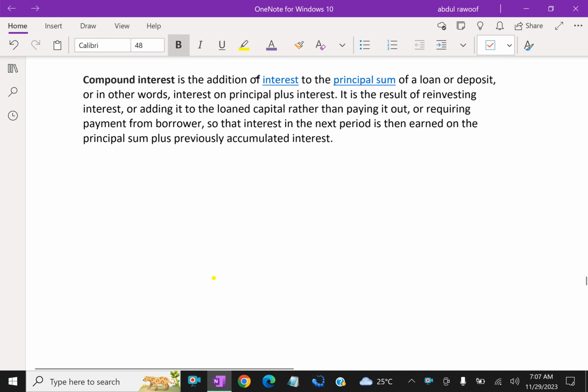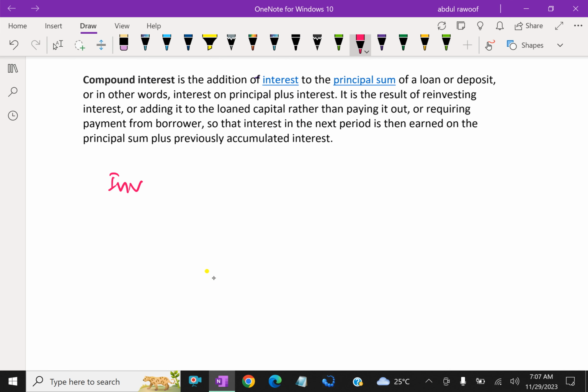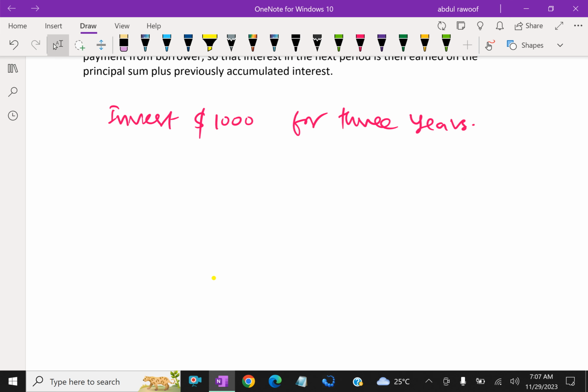Here, suppose you invest $1,000 in a certain bank and leave this money for 3 years. What happens to this money?